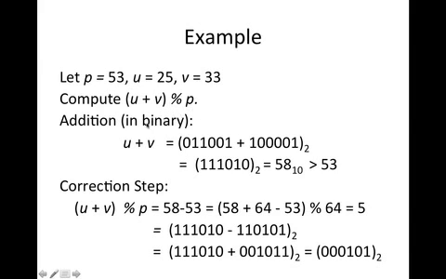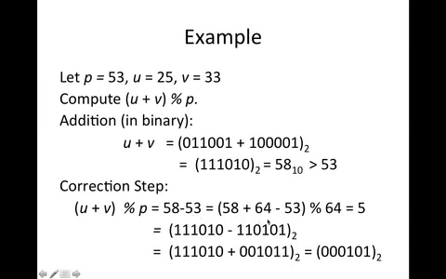So our first step would be to add them up, as we would normally do in binary, and that's our computers. That basically data path provides us this computation free of charge. And now we get this sum, which is 58 in this case, and that's greater than 53, so we got to do the subtraction being 58 minus 53. This is our mod, and that's how we define mod p in this case.